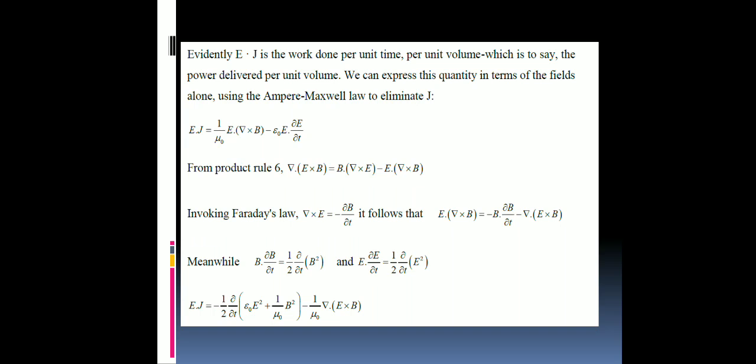In terms of the charge and current densities, charge is equal to rho d tau, where rho is the volume charge density, and rho v goes to J, so that the rate at which work is done on all the charges in a volume V is dW by dt equals integral over V of E dot J d tau.